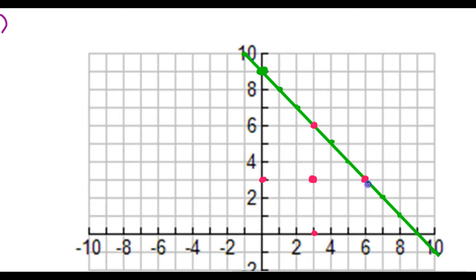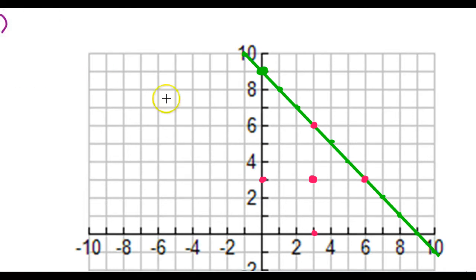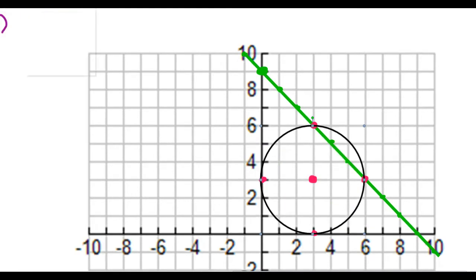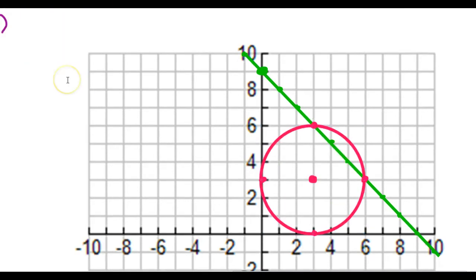So you can already see the 2 points where the circle is going to be touching, but let's go ahead and draw the circle. Okay, so there's your circle.